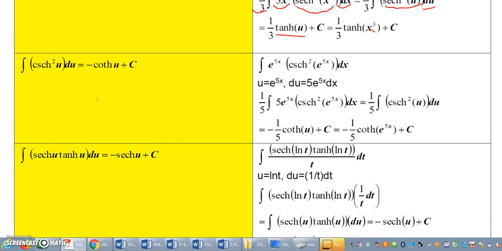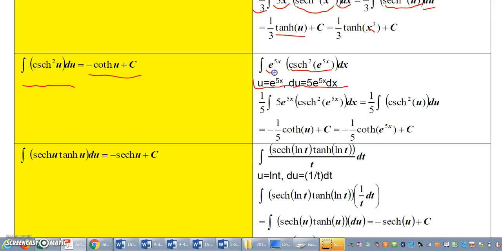The next formula I want to look at is, if you integrate the hyperbolic cosecant squared of u, you get minus the hyperbolic cotangent of u. On this one, I've given you an integral that has the hyperbolic cosecant squared of an argument, and that argument is e to the 5x. If I want to use this formula, the u would have to be e to the 5x. So I'll set that equal to u, and when I take the derivative to get du, I get that du is 5e to the 5x dx.